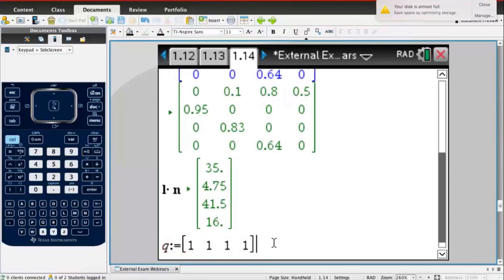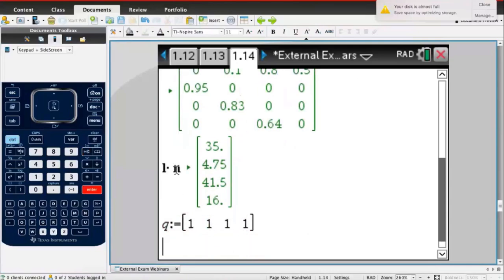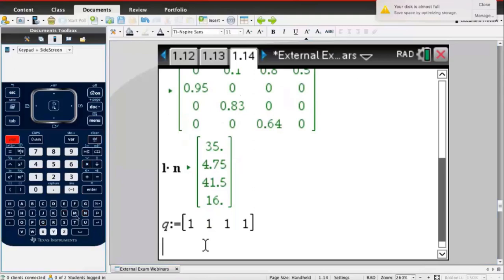And so if I wanted to add all those numbers up, I would just go Q times L times N. Oops. I'm not in a math box, so make sure you're in a math box. So Control M. So Q times L times N, and that will add all those numbers up for us.